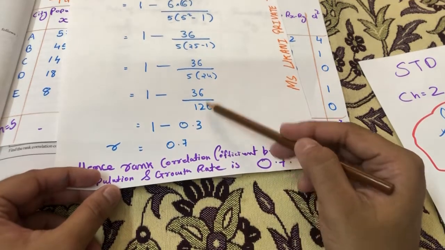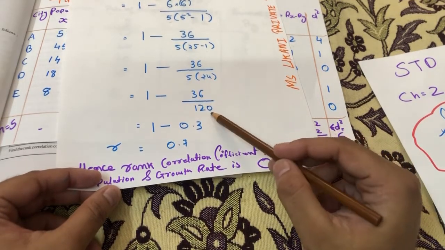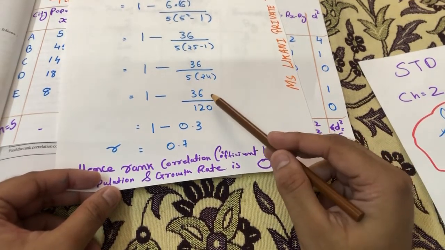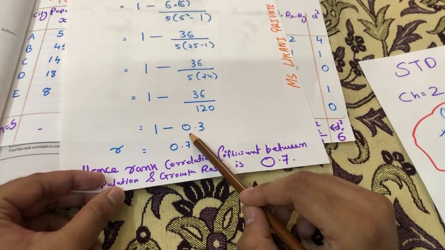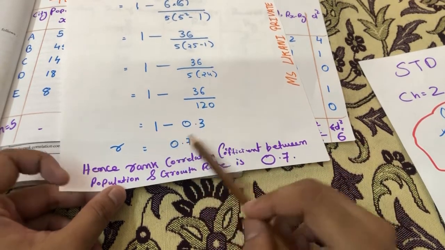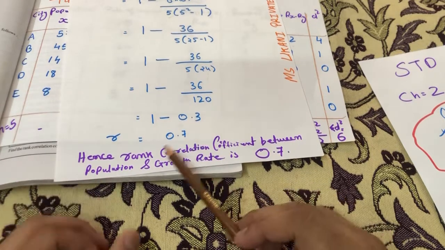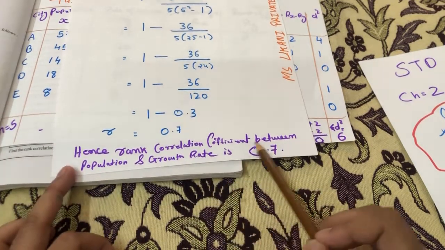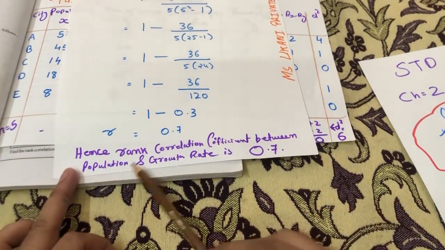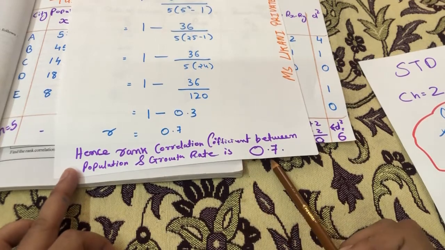Now we have to divide 36 by 120. When you divide 36 by 120, you will get 0.3. So 1 minus 0.3 will be 0.7. Hence the rank correlation coefficient between population and growth rate is 0.7.